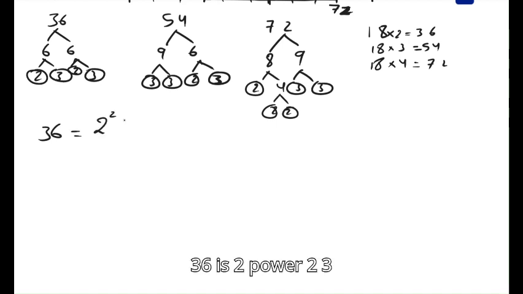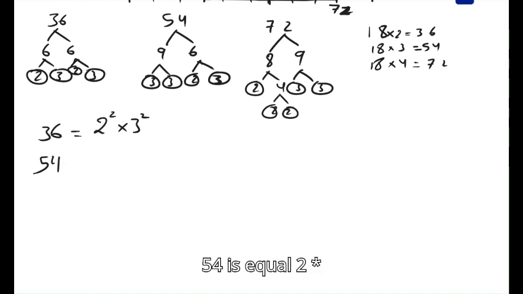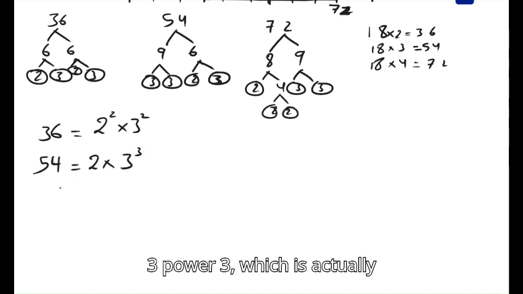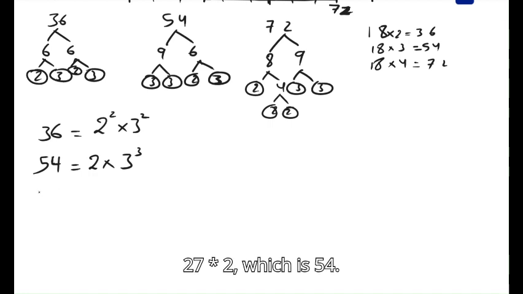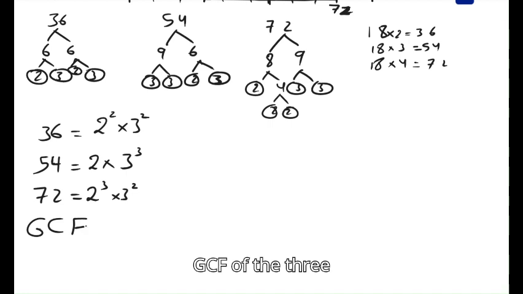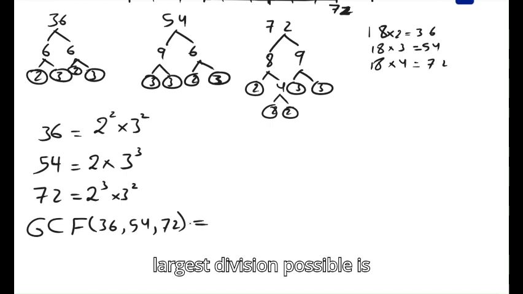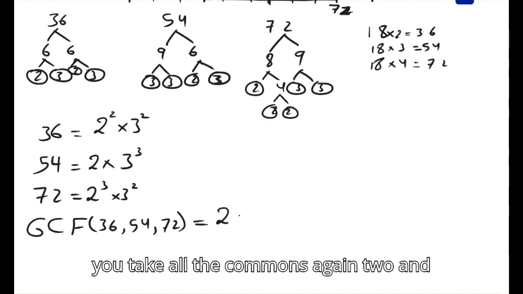36 is 2 power 2 times 3 power 2. We have seen it before. 54 is equal to 2 times 3 power 3, which is actually 27 times 2, which is 54. 72 is 2 power 3 times 3 power 2, which is 8 times 9. The GCF of the three numbers, which is the largest division possible, you take all the commons.